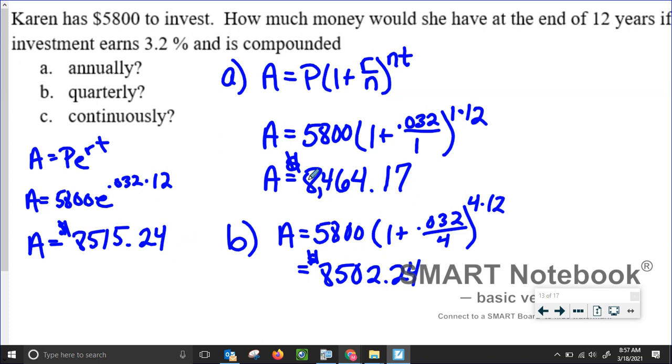I see so many kids type in one little thing wrong in a calculator on a test, and one of these will be way different than the others. Like this one would be 8464.17, but then this one would be like $92,709.18, and then this one's back to 8515.24. If you get one of them that is way different than the others, you know you're wrong. So just keep that in mind when you're doing this type of problem.